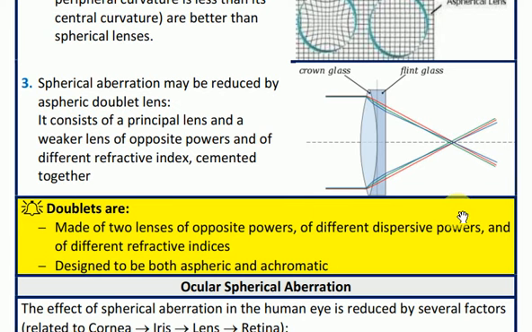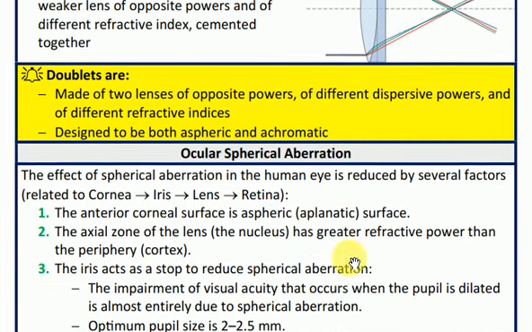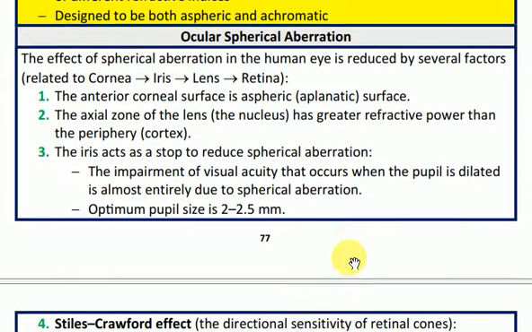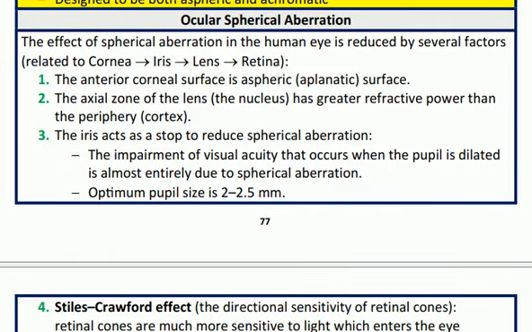Ocular spherical aberration. The effect of spherical aberration in the human eye is reduced by several factors related to cornea, iris, lens, and retina.